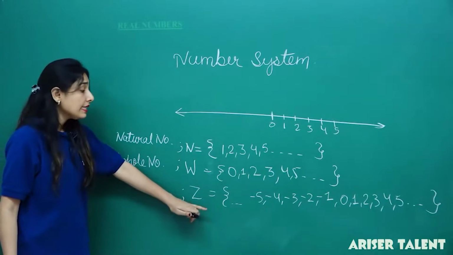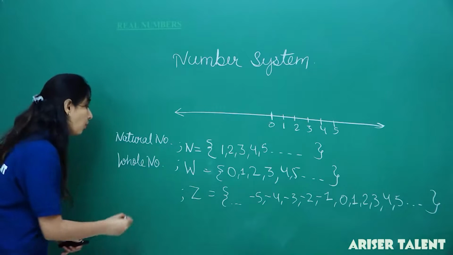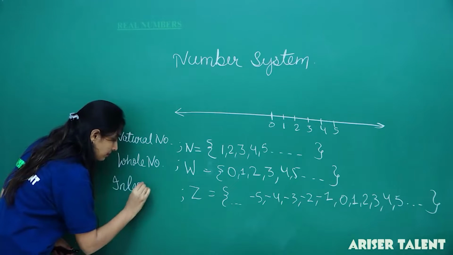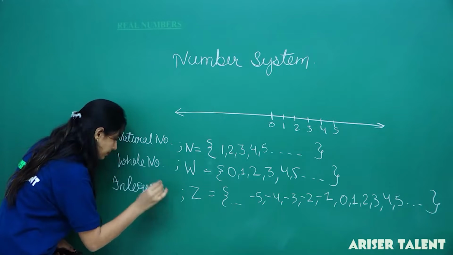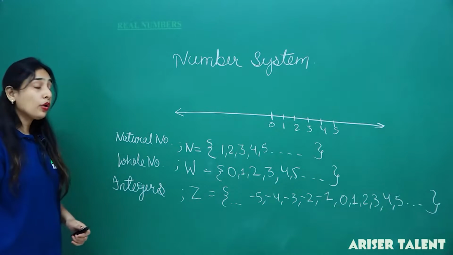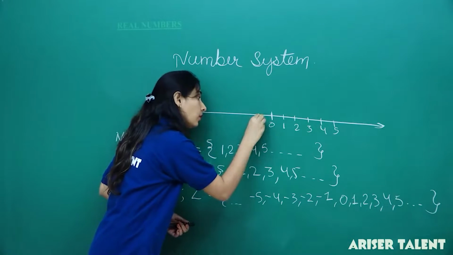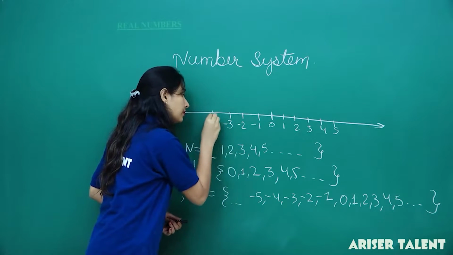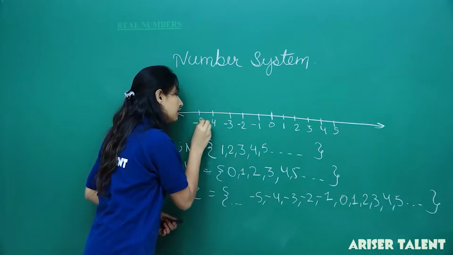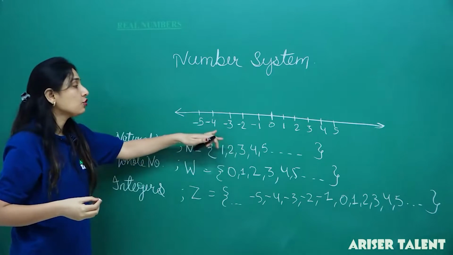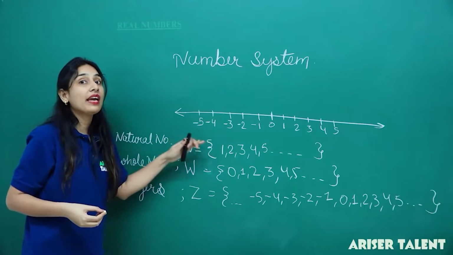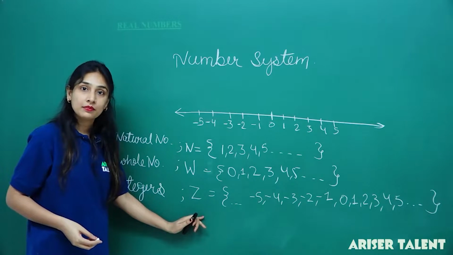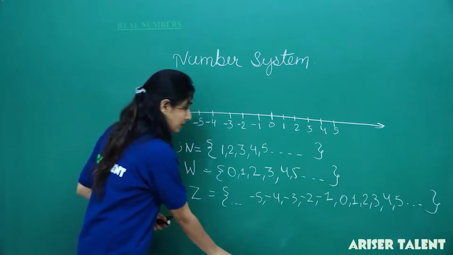This particular set of numbers is known as integers. Okay, and on the number line, we represent it like this: -1, -2, -3, -4, -5 and so on. So these are integers.